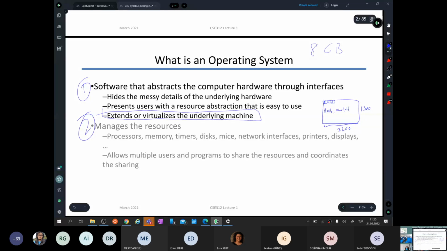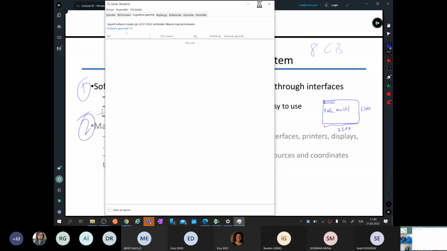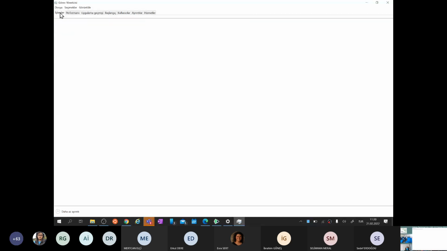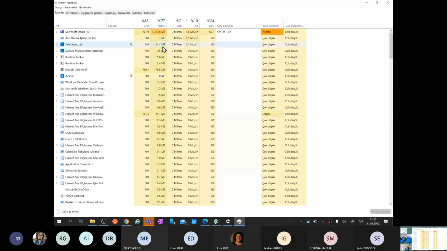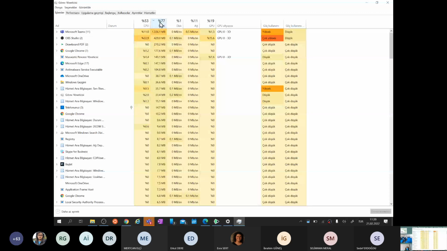My task manager says that I am using 77% of all of my memory out of 8 gigabytes. And it looks like most of it is being used by Teams and OBS.